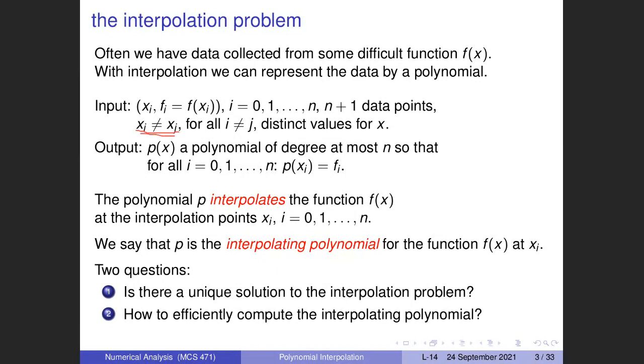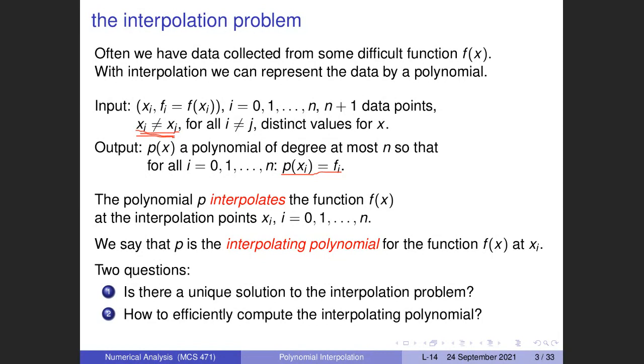So that will be an important condition. Then the output is a polynomial that interpolates. So here you see the interpolating condition. Now we have a polynomial of degree at most the number of points minus 1.